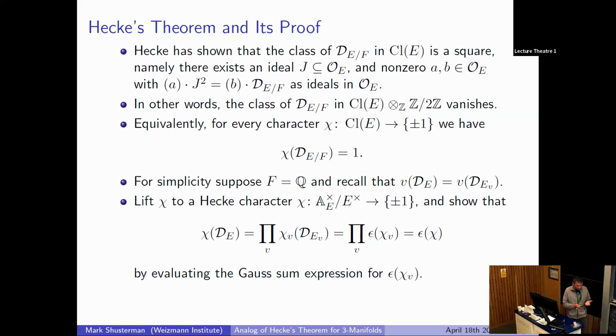And then we try to apply this character to the different, but because everything here admits a product formula, a product of local terms, namely both the character and the different, we can split this value that we want to show is one as a product of the local differents and the local pieces of the character.